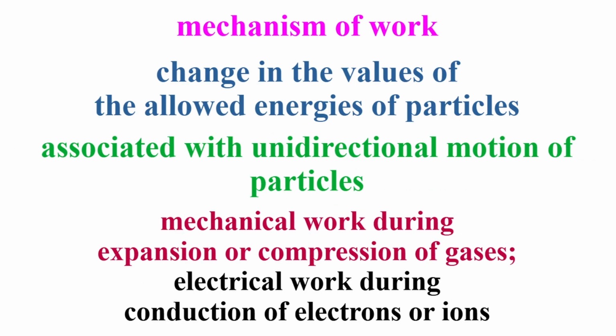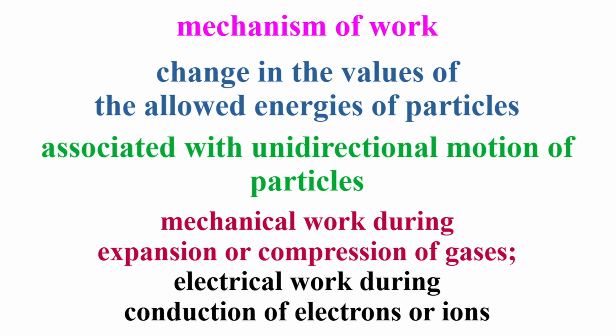The mechanism of work involves a change in the values of allowed energies of particles with the population of the energy levels staying constant. It is associated with a unidirectional motion of particles as opposed to their random motion in the case of heat.